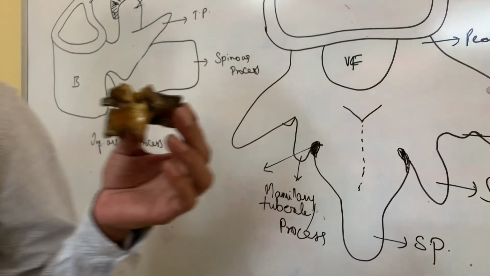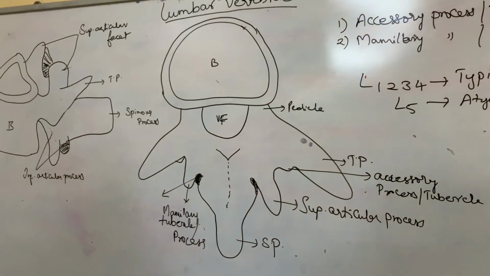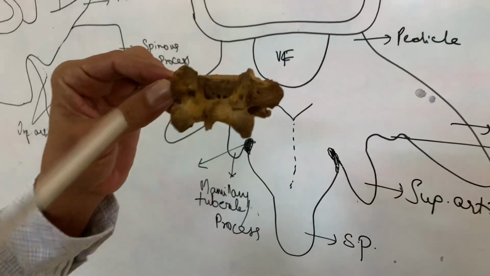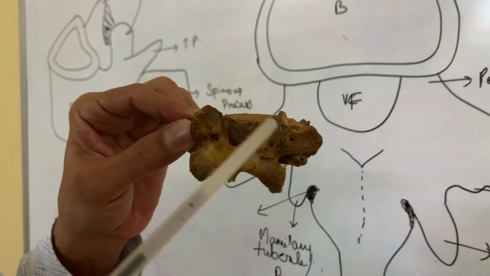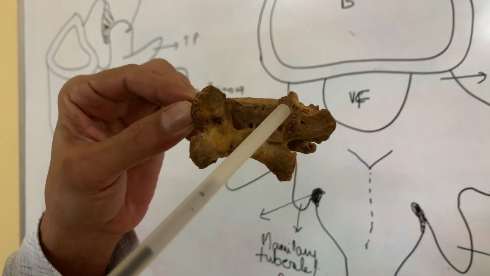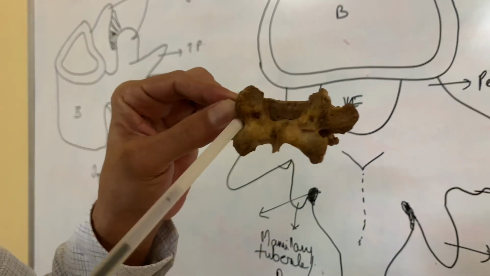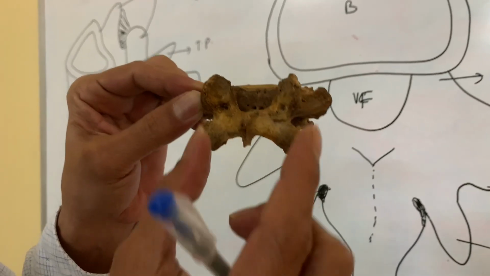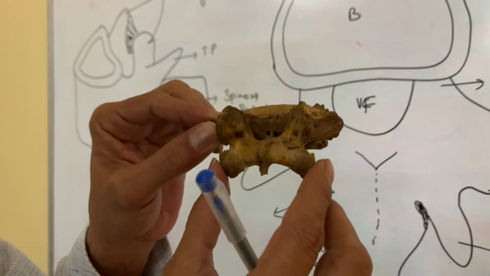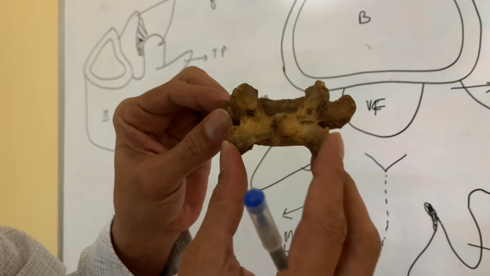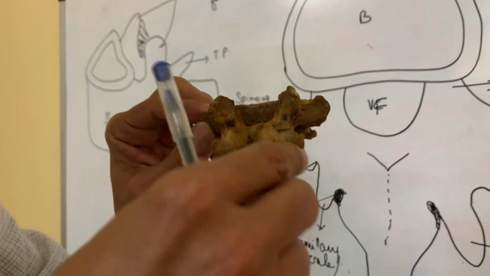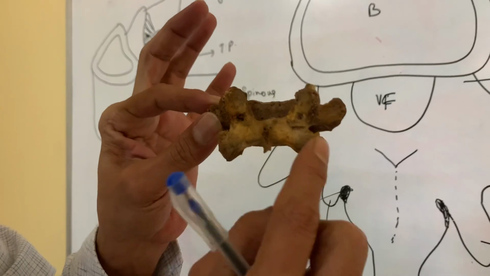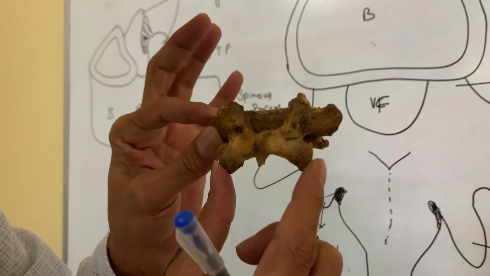The fifth lumbar vertebra is atypical because the distance between the two superior articular facets is slightly less than the distance between the two inferior articular facets. This distance is more than this distance. The inferior articular facets should articulate with the superior facets of the sacrum, which are wider. That's why the inferior articular facets in the fifth lumbar vertebra are wider.